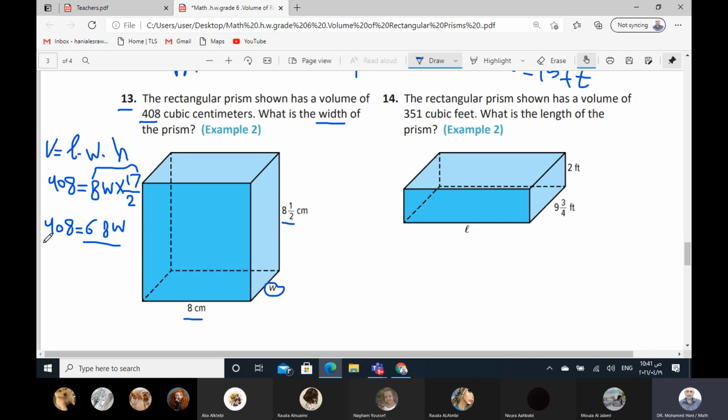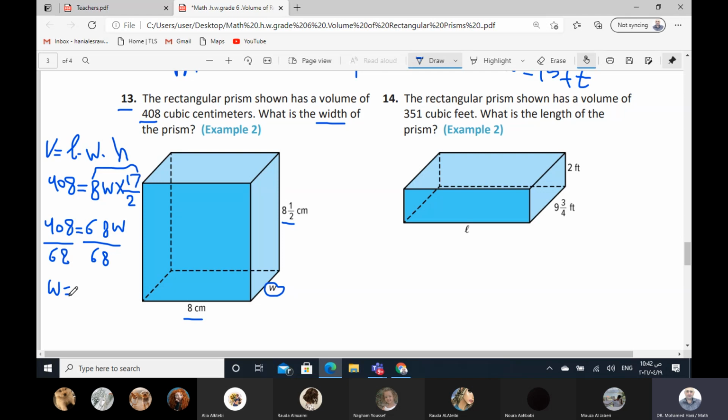Then divide the two sides by 68. 68W divided by 68 will be 1W, which means W equals 408 divided by 68.